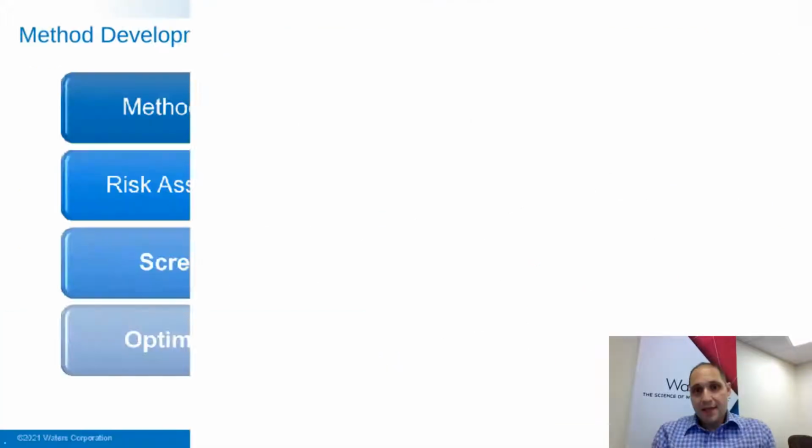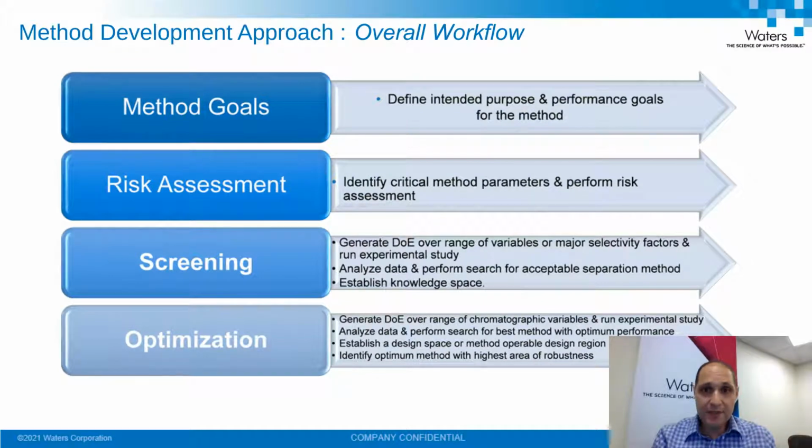All right. So with the method development approach, the analytical quality by design focuses on various steps to follow when you do method development. The first step in analytical quality by design is setting method goals, where you start by defining the method goals for the final method. The next step is the risk assessment, and we will talk in more detail about each one of these steps in the next slide.